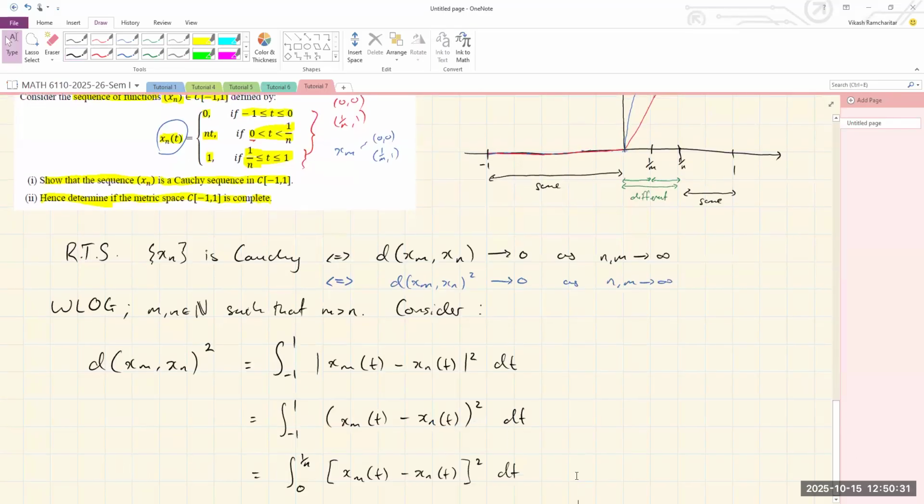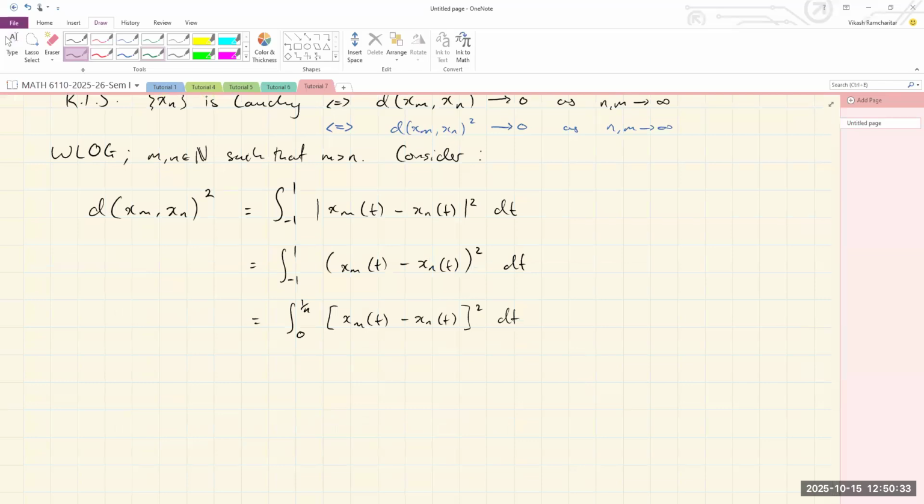All of this is just a task you would have done in undergrad calculus, where you have to integrate these sorts of functions. So this is the integral from 0 to 1 over m of something, which we'll fill in a bit, plus the integral from 1 over m to 1 over n of something.